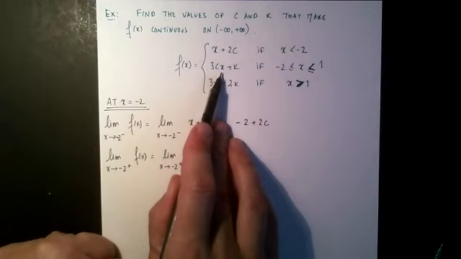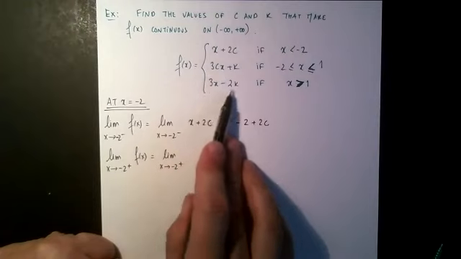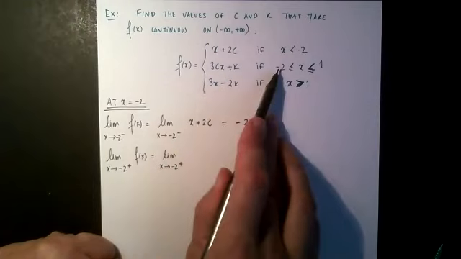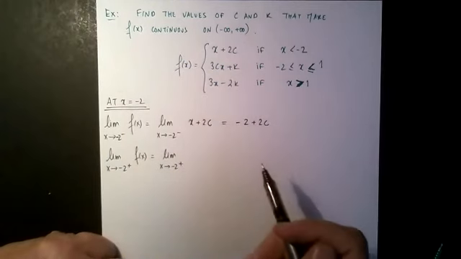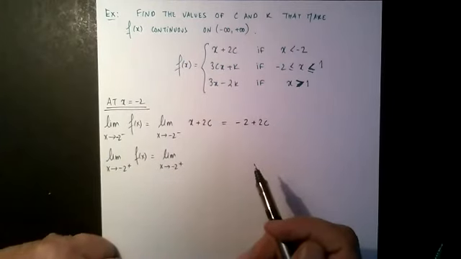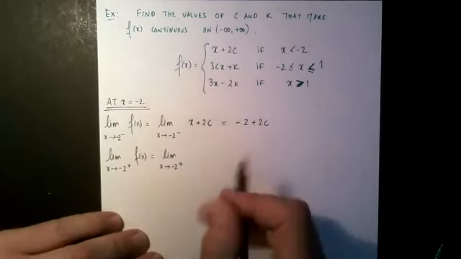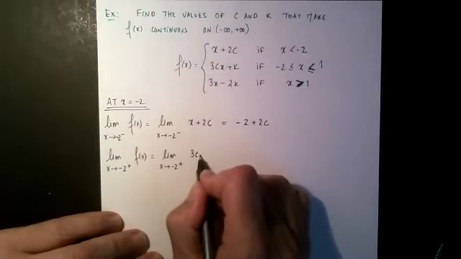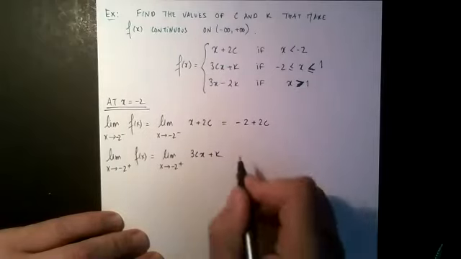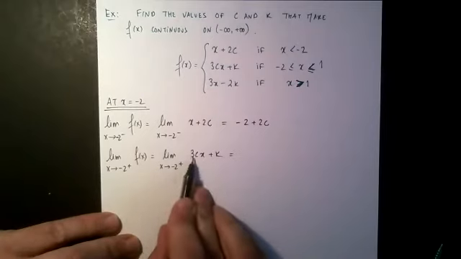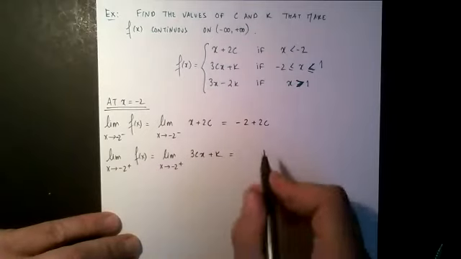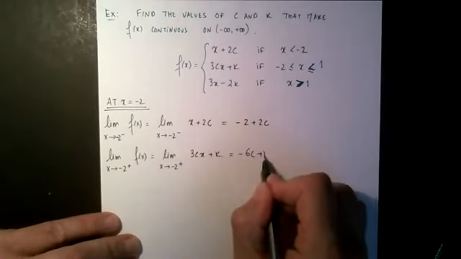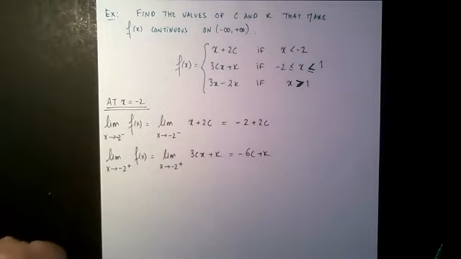So I have to use the second one. This function doesn't get close to -2, it starts at 1. So 3cx plus k, and then you plug in -2 in the x, so I get -6c plus k. Are we good?